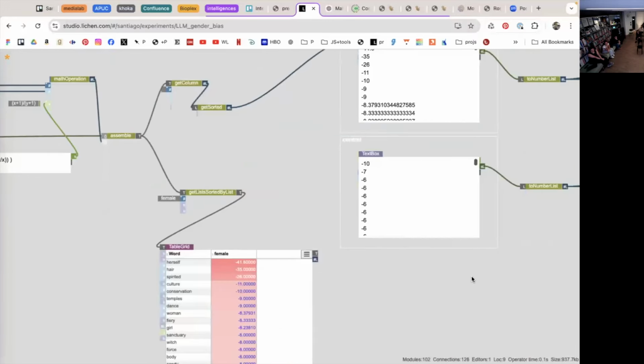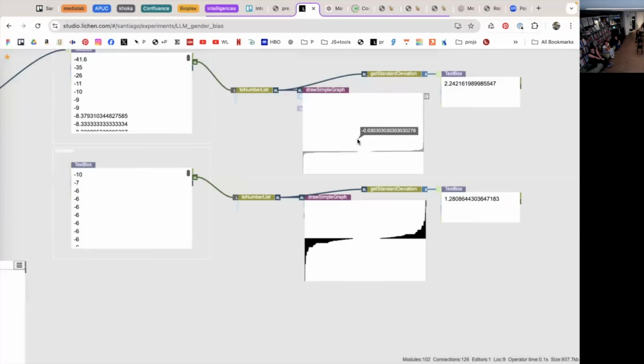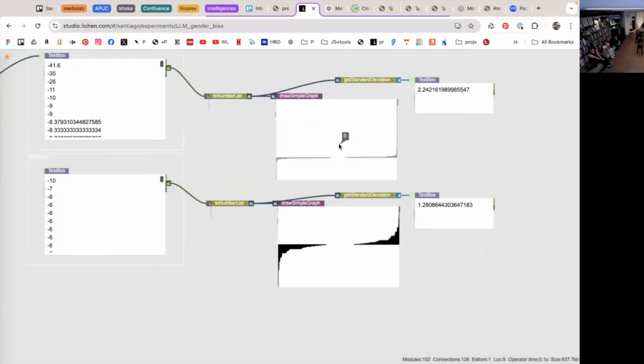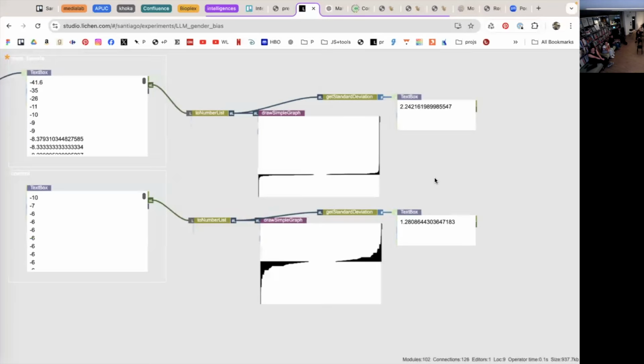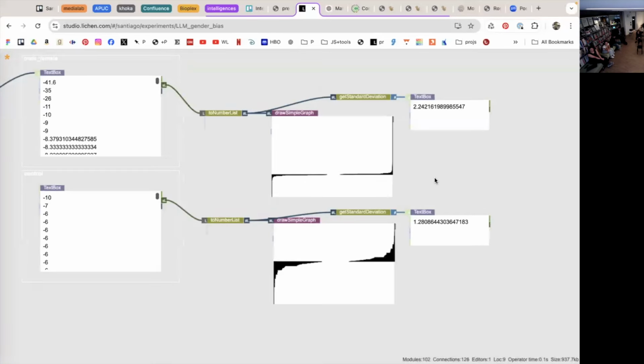And long story short, this is the distribution, and this is extremely biased: the real data versus the shuffled data. So it's statistically proven already. Just the standard deviation of word proportion one against the other is crazy. In a standard deviation, this seems like not so much, but it's huge, right? So it's evidently there. And it's not about the fact that I ask for stories about men and stories about women, because there the guardrails could be triggered, right?